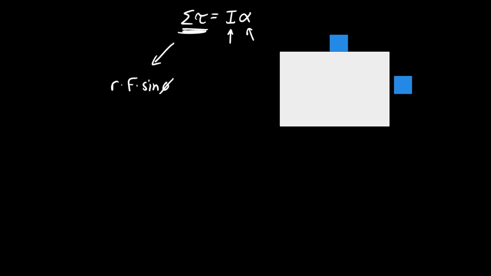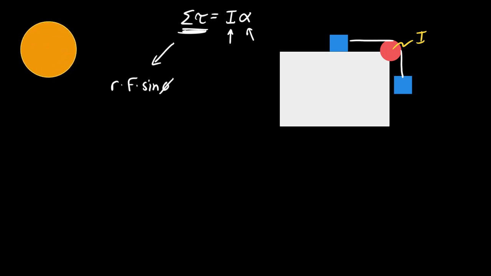We never cared about the pulley. In fact, first semester we would just say the pulley is massless. Well, that's not the case anymore. Our pulleys have inertia, and therefore, because they have inertia, they affect the system. So this problem comes back to us, but now the pulley plays a role. The pulley's involved. In fact, we'll have problems that are just the pulley.